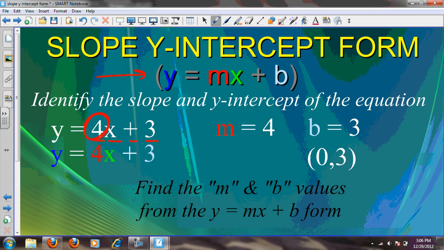What is in the b position? Yes, the 3. So the slope, or m, is 4, and the y-intercept is 3. And notice, when they wrote the y-intercept, I told you x would be 0, and the y-coordinate would be that number.